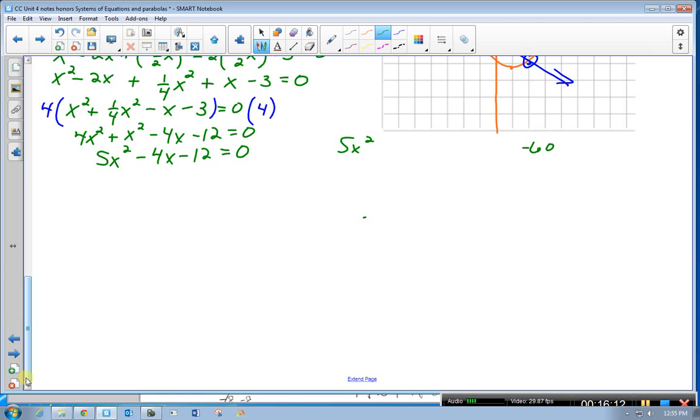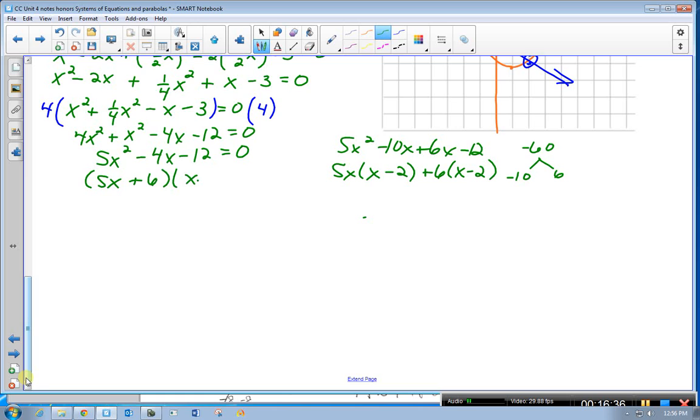There we go, 10 and 6. Should have seen that right away. So that's negative 10 and 6. So 5x squared minus 10x plus 6x minus 12. Factor out 5x, I get x minus 2. Factor out 6, I get x minus 2. My factors are 5x plus 6 and x minus 2. So I get x is equal to negative 6/5 and x is equal to 2.